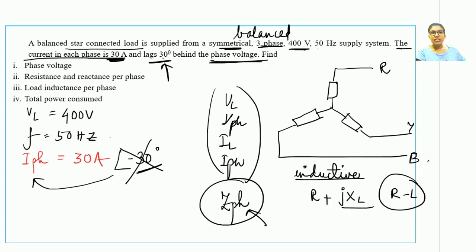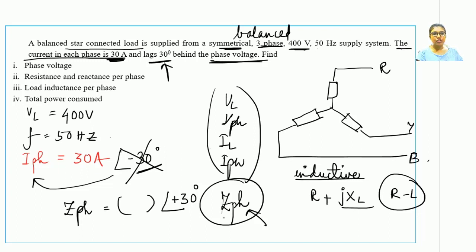Rather, since it is a lagging circuit, it means Z phase will have certain magnitude and it will carry a positive angle of 30 degrees. Is that thing clear? Writing the angle with I phase is not wrong. Since the beginning, I have been telling you that for a three-phase circuit, we are not supposed to use the angle values with the 4 parameters, as it makes the analysis complex in nature. So at this stage also, one is not required to involve this angle value with any of the 4 parameters.